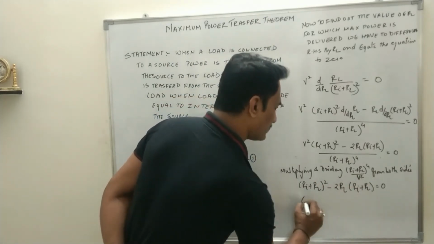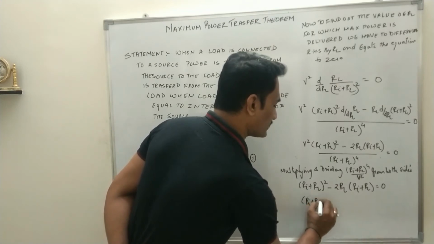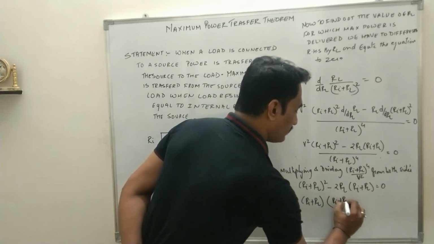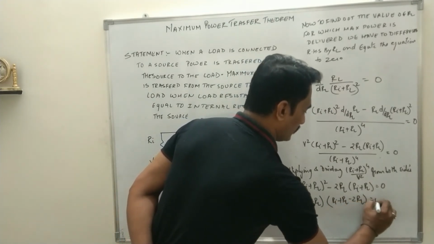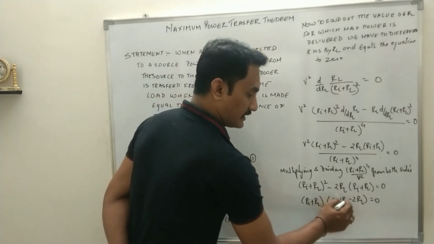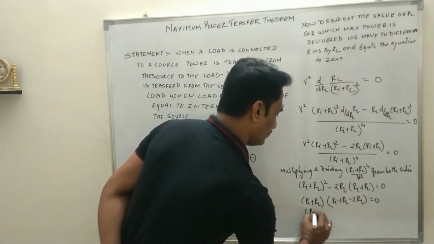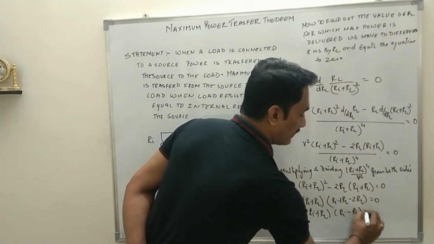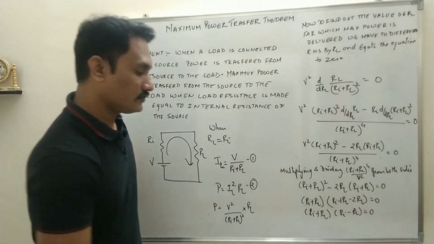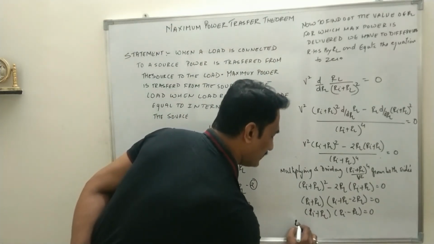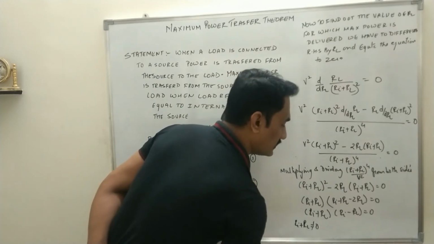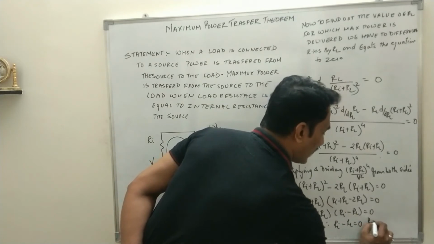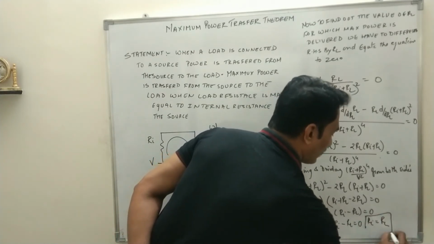So (Ri plus RL) we can take common. What is left in the bracket is Ri plus RL minus 2RL equals to 0. So Ri plus RL minus 2RL is written as (Ri plus RL)(Ri minus RL) equals to 0. Of course, the addition Ri plus RL cannot be equal to 0. Therefore, Ri minus RL equals to 0, or Ri equals to RL.